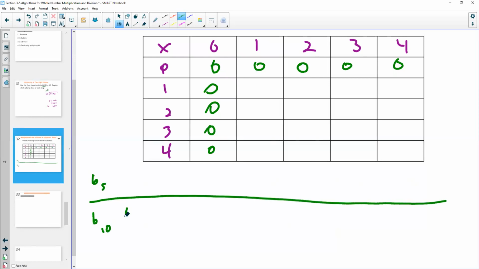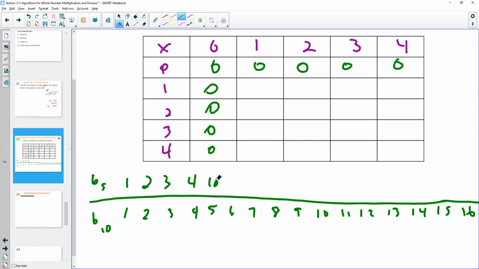In base 10, I go 1, 2, 3, 4, 5, 6, 7, 8, 9, 10, 11, 12, 13, 14, 15, right? In base 5, I go 1, 2, 3, 4, 10, 11, 12, 13, 14, 20, 21, 22, 23, 24, 30, 31, right?